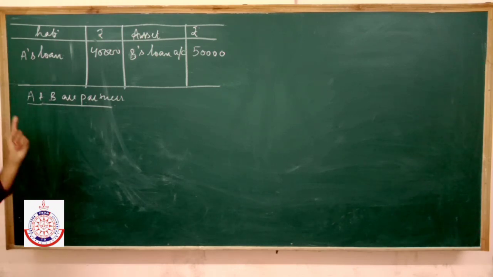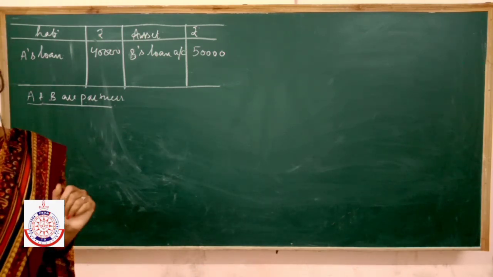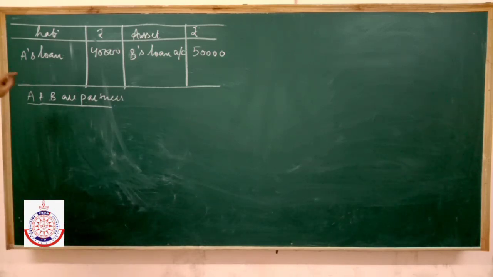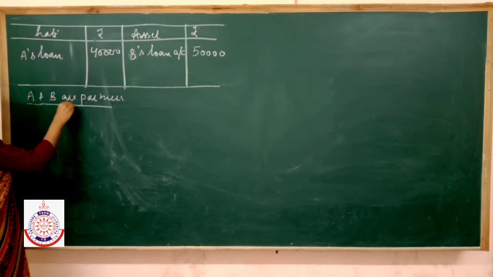That's why I haven't transferred this partner's loan account to the realization account. Because A is a partner, so whatever money he advanced to the firm is undoubtedly a liability, but it is not a third party liability. That's why this loan was not transferred to realization account.